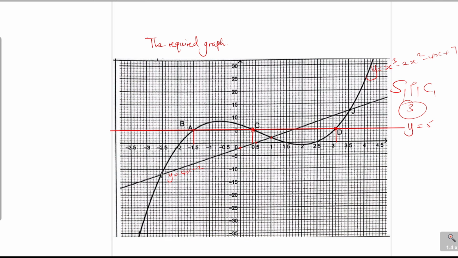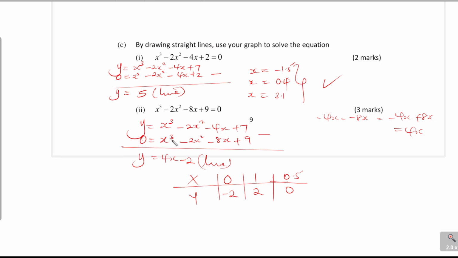You can just estimate. So the first one, x is negative 2.55.